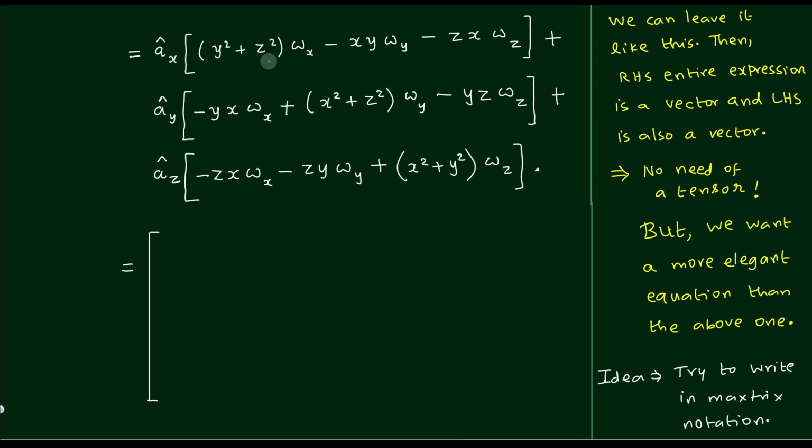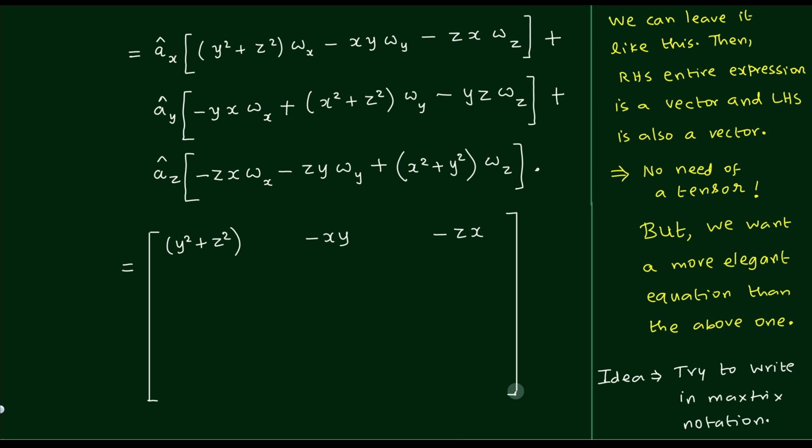First component you write down, which is y square plus z square. Then there is a multiplication by omega x. No, that you don't worry. That we will write down later. So only the corresponding components you write down: minus zx, and so 3 elements are over. Close the bracket. It goes ugly.